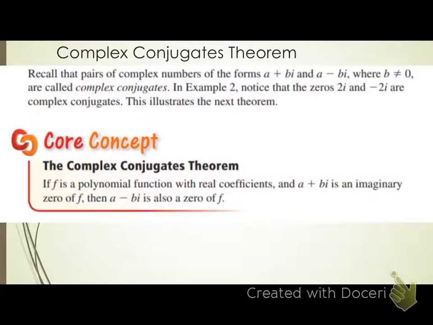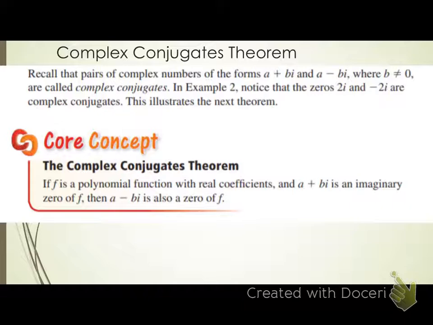So if you remember complex numbers, if they're of the form a plus bi and a minus bi, we call those complex conjugates. In example 2, notice that the zeros 2i and -2i are complex conjugates. This illustrates the next theorem.